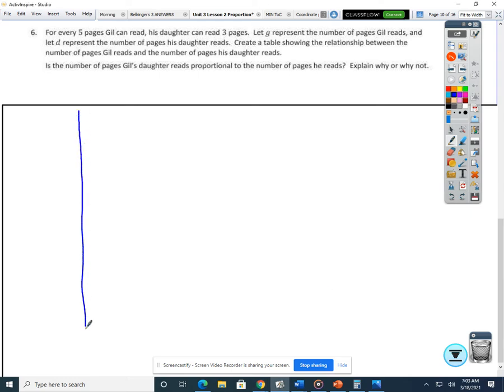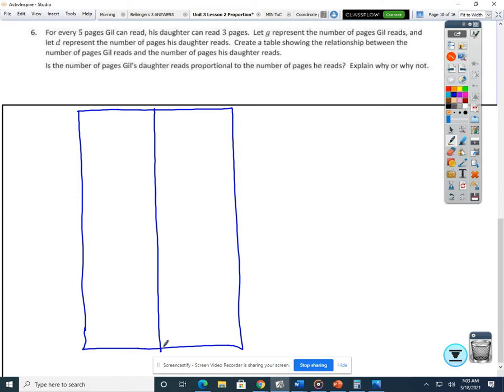All right, first we need to create our table. We have our 2 sections. In our first section, the first thing they tell us is the number of pages Gil reads. Pages Gil reads.